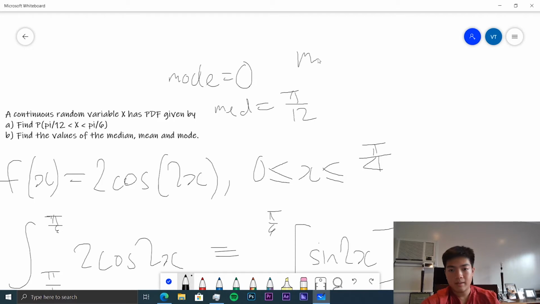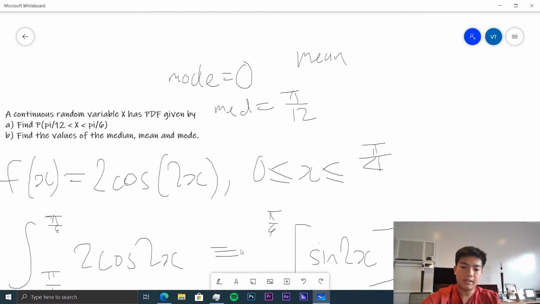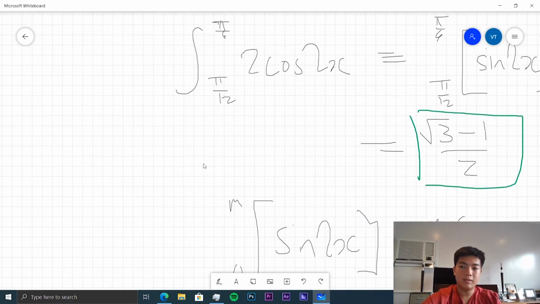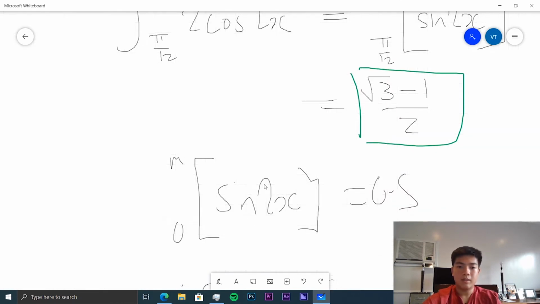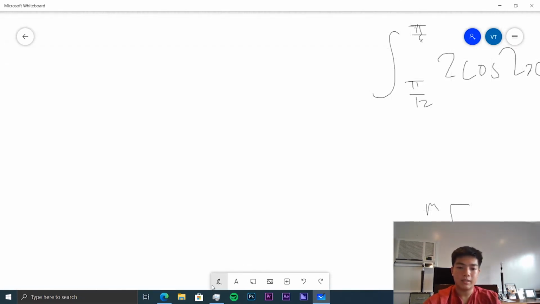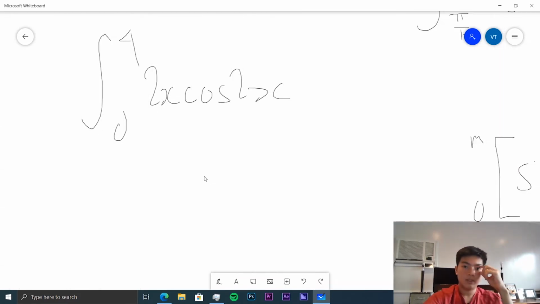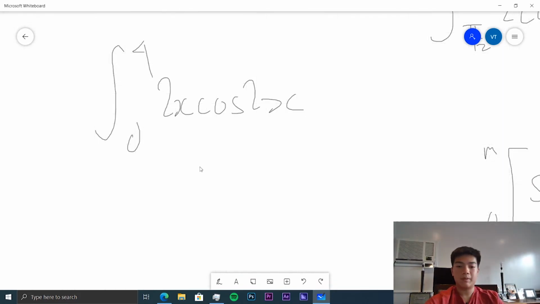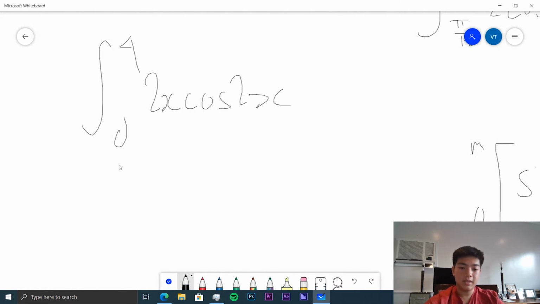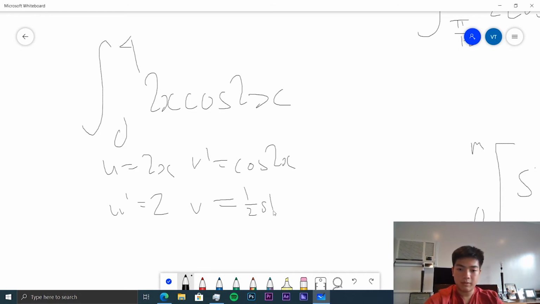And then the mean is the integral between 0 and pi over 4 of 2x cosine 2x, which is probably the hardest one, since this requires us to use integration by parts. So u is equal to 2x, u prime is equal to 2, v prime is equal to cosine 2x, v is equal to 1/2 sine 2x.